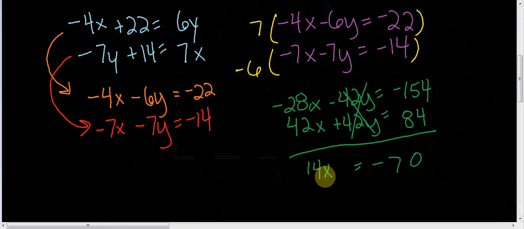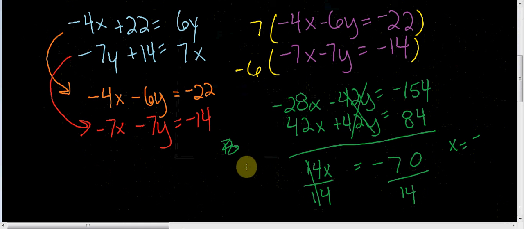Alright, so anyways, I divide by 14. 14 goes into negative 70. I'm hoping it's 5. Let me do the math here off to the side. 14 times 5. 4 times 5 is 20. 5, 7. Alright, that works. Okay, so this is negative 5.